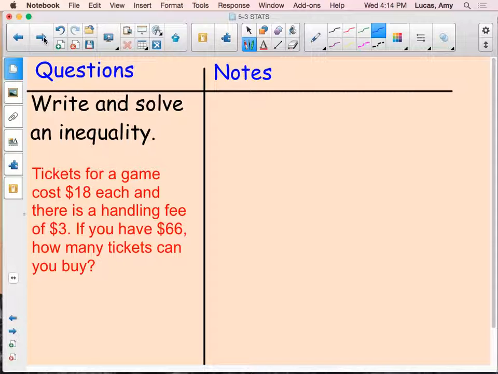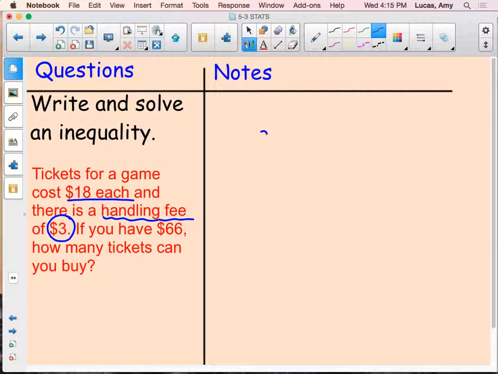Okay, example number 2. Tickets for a game cost $18 each, and there is a handling fee of $3. If you have $66, how many tickets can you buy? Okay, so the tickets are $18 each, and there's a handling fee of $3.